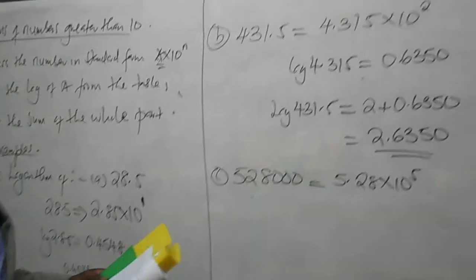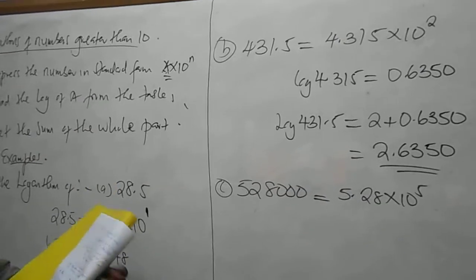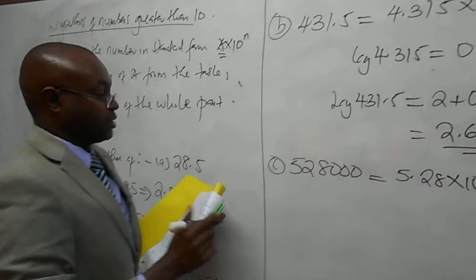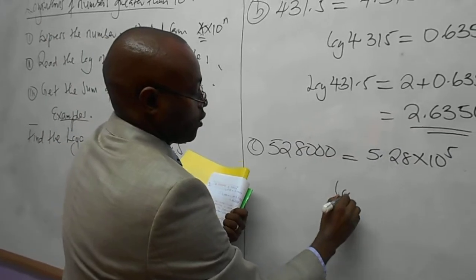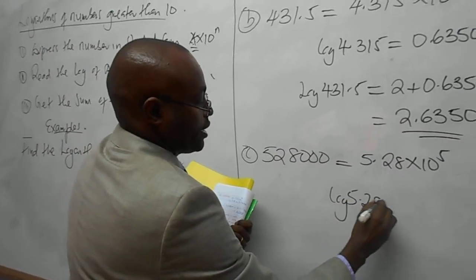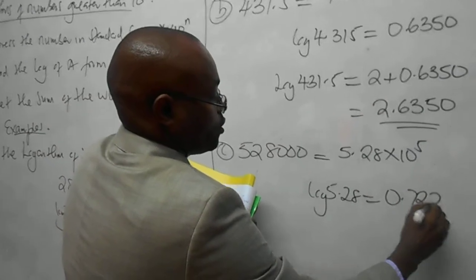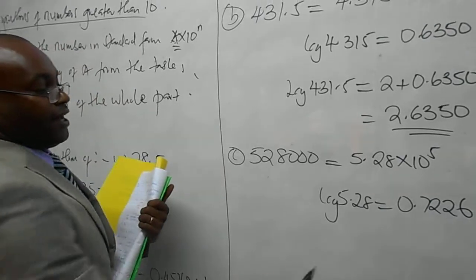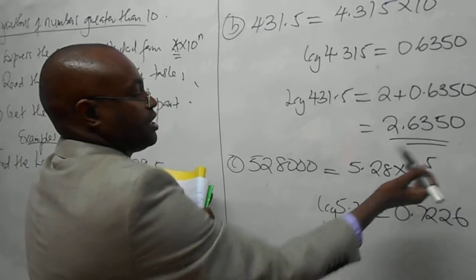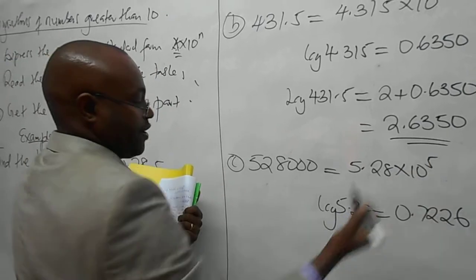Then we read the log of 5.28 from the mathematical tables, and we get 0.7226. And then this one we combine with this power here, 5.